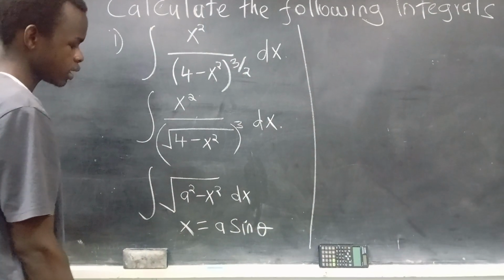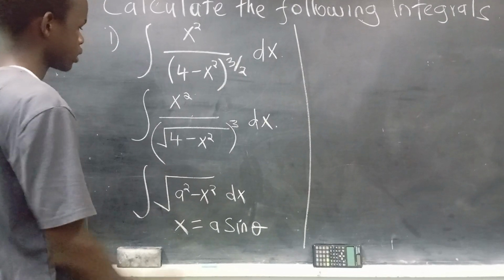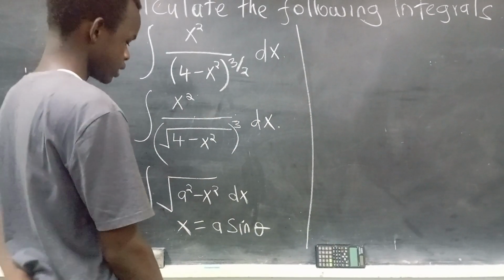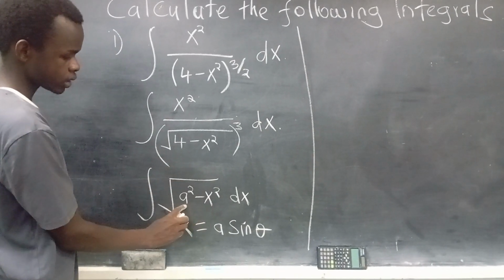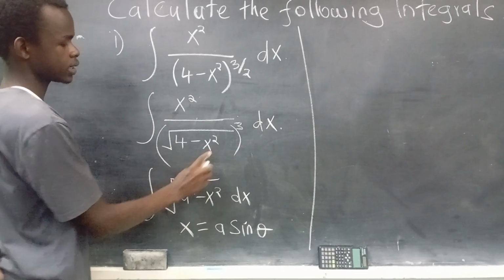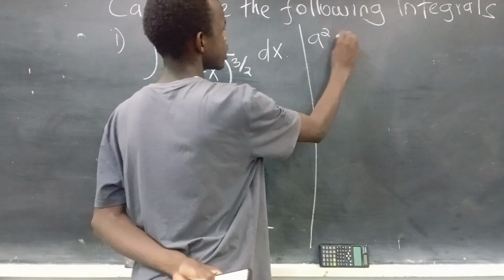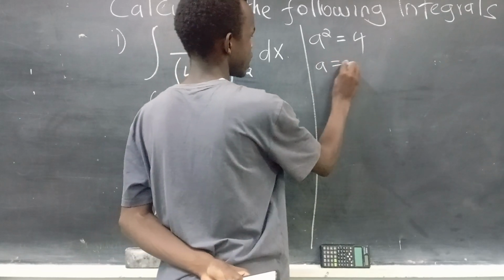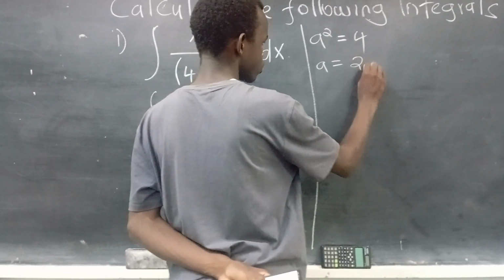So I choose my x to be a sine of theta. Let's find our a, of which a squared is just 4, and x squared is just x squared. So a squared equals 4, so a is the square root of 4, plus or minus, but I'll just take the absolute value, 2.